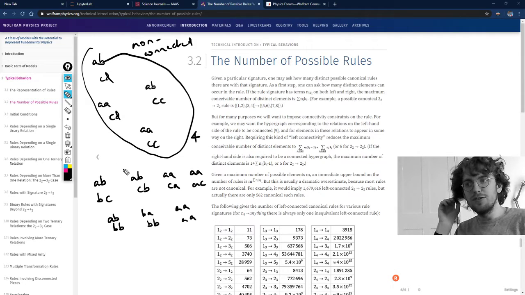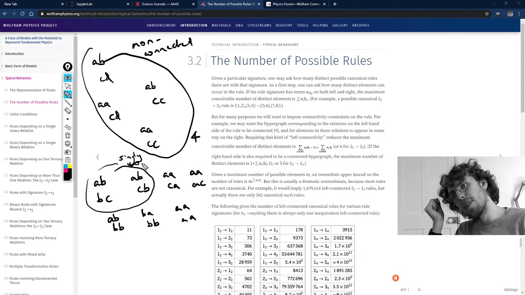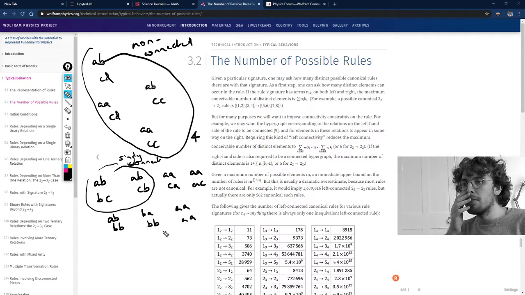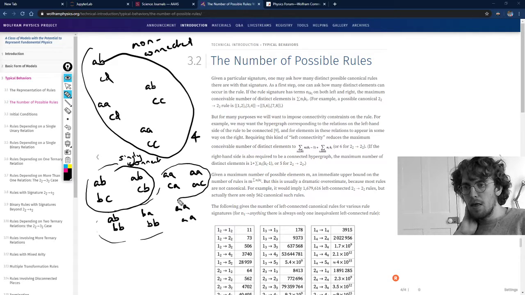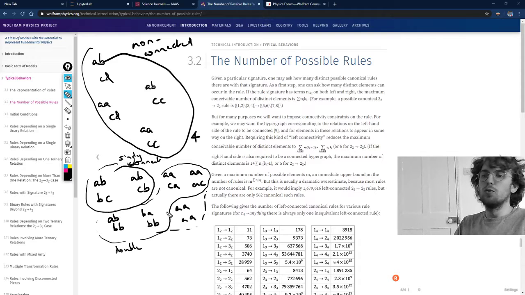So I can split these into, and this is maybe not a good split, singly connected, double connected, and maybe that's double connected as well. Whatever happens, we counted up all 11. Those are the whole 11 possibilities.